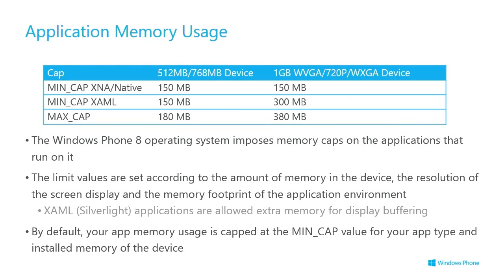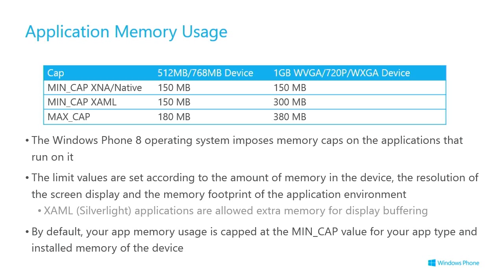This is something else that you set in the manifest. Now, the memory caps have changed in Windows Phone 8. In Windows Phone 7, you tended to work to keeping your memory usage below 90 megs. And if you went over 90 megs on what was the lower spec devices in those days, a 256 meg device, then the OS would kill your app.